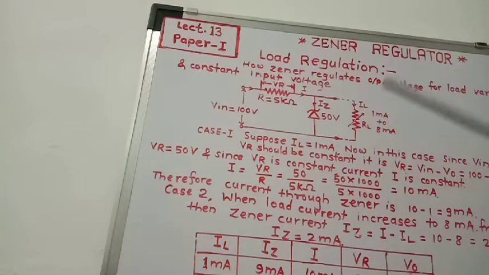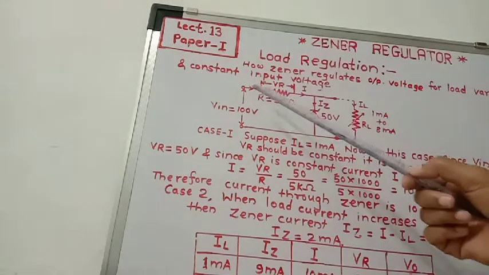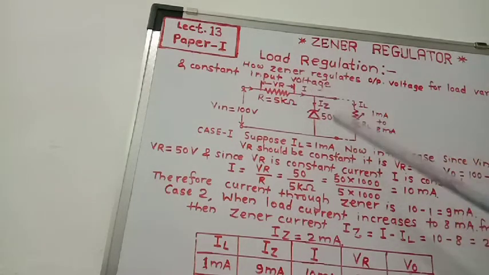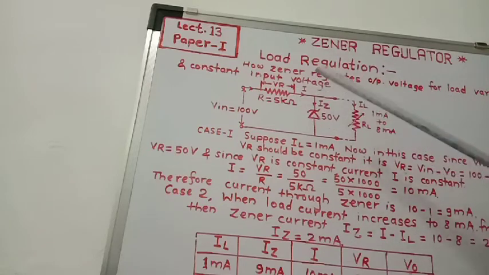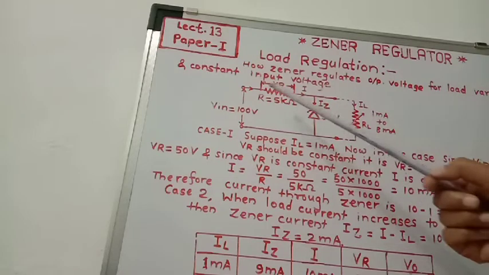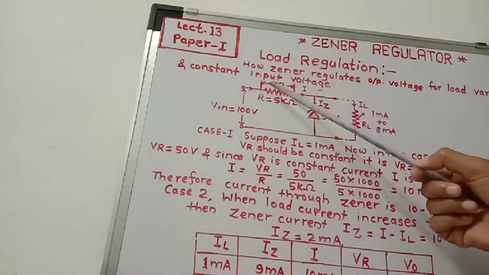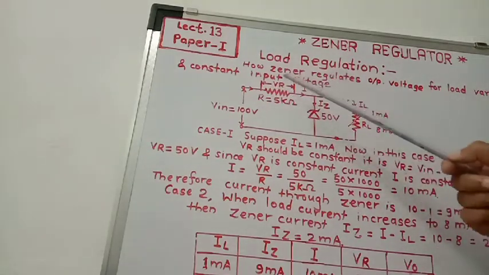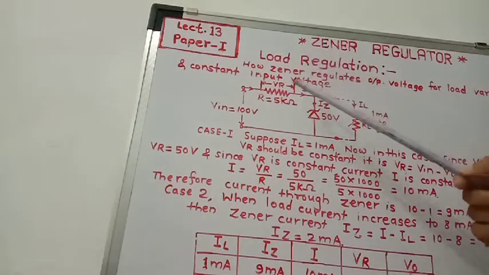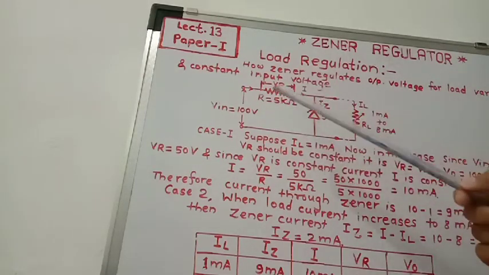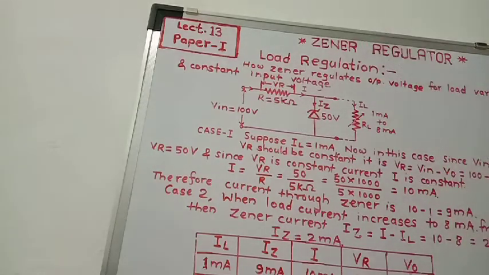Then we can calculate the total current I. According to Ohm's law, I is equal to V upon R. We know the voltage drop across resistance R is 50 volts, so I is equal to VR upon R, where VR is the voltage drop across R and R is 5 kilo ohm. So I is equal to 50 divided by 5 kilo ohm.